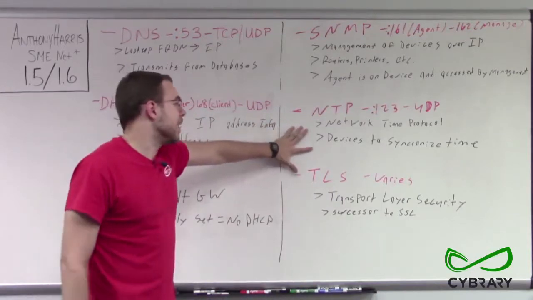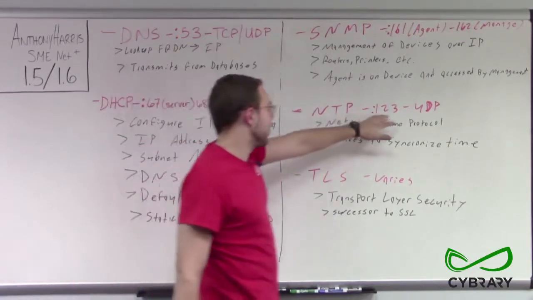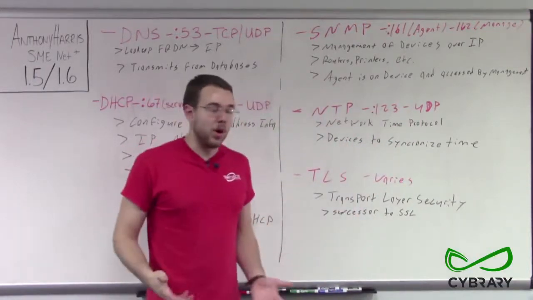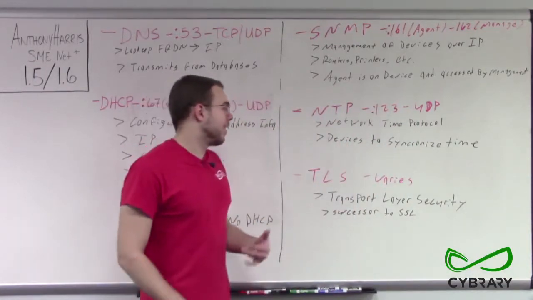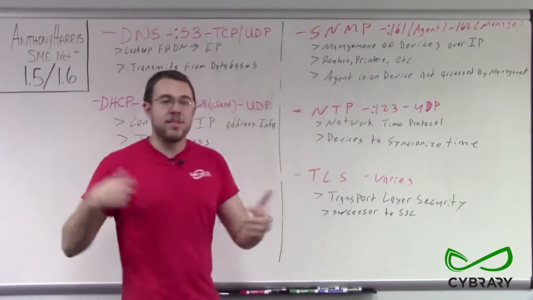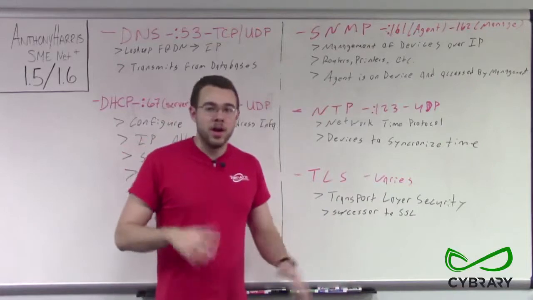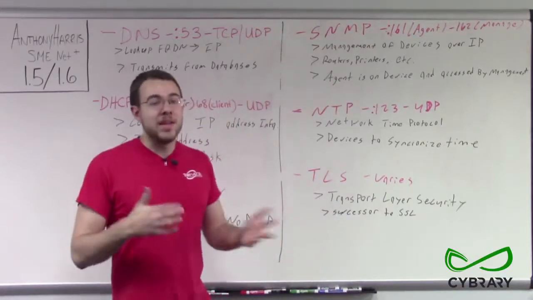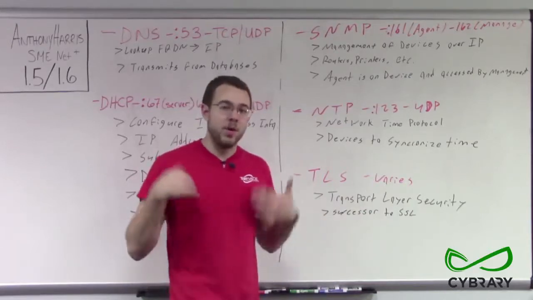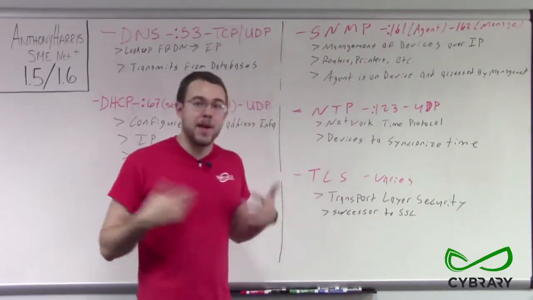Next we have NTP. NTP runs over port 123, and it's a UDP protocol, and NTP stands for Network Time Protocol. Network Time Protocol allows us to set up our different devices to synchronize time across our network. Our different devices may need to synchronize their time for different transfers of data, so it's important that they have the same time.